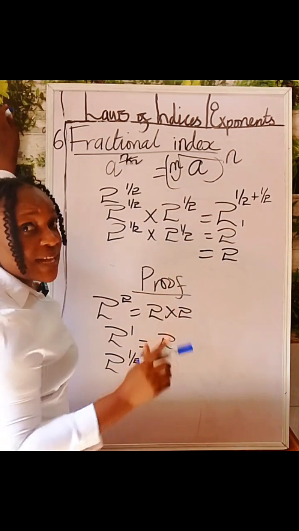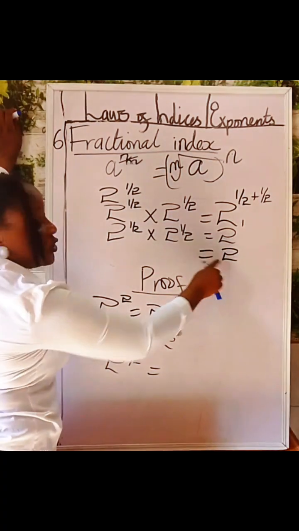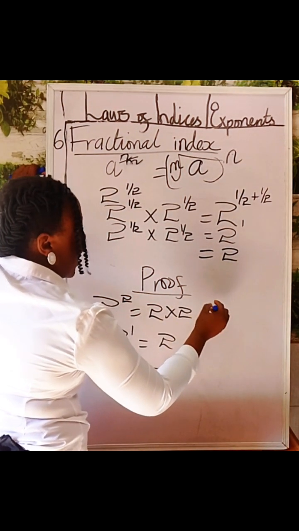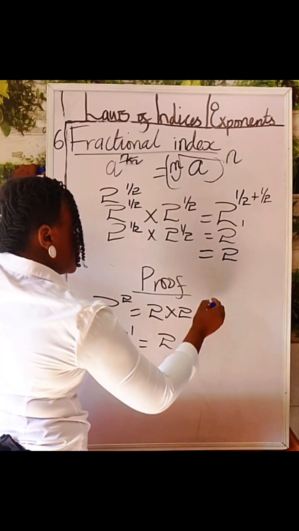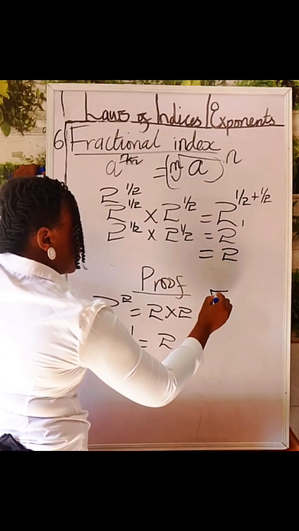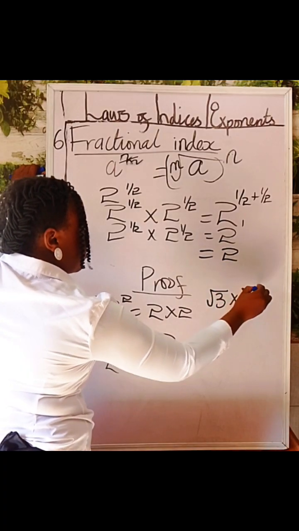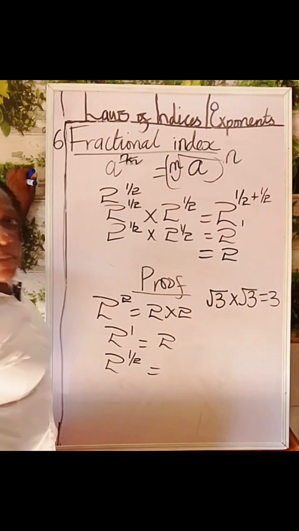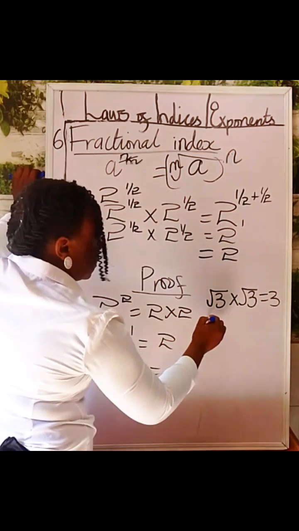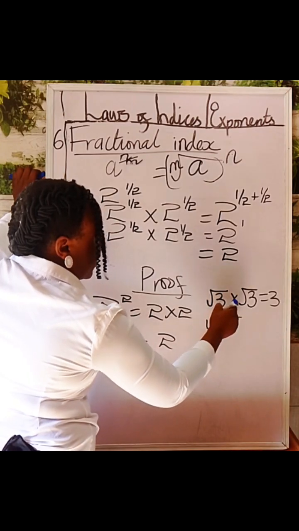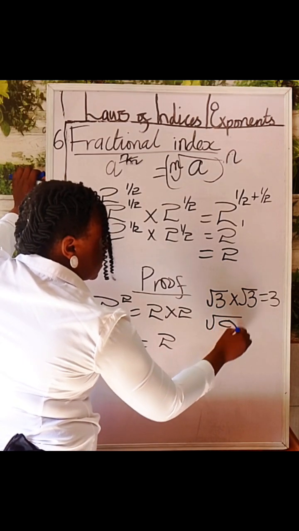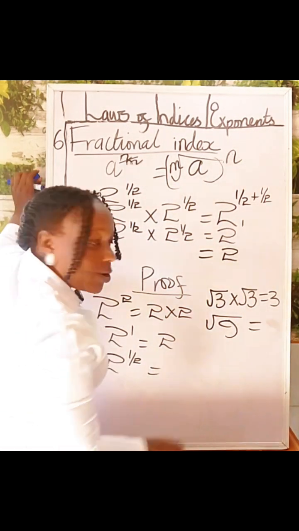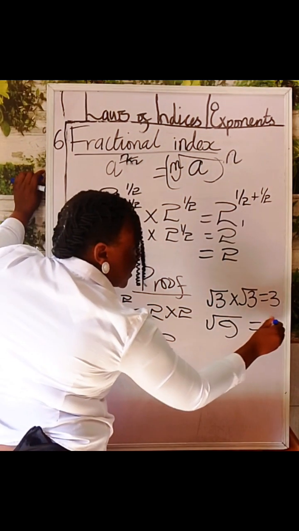Another mathematical expression that can give us back the number is, for example, square root of 3 times square root of 3, which will give us 3. How? Because square root of 3 times square root of 3 just means 3 times 3, 9, but under the square root. So the square root of 9 is 3.